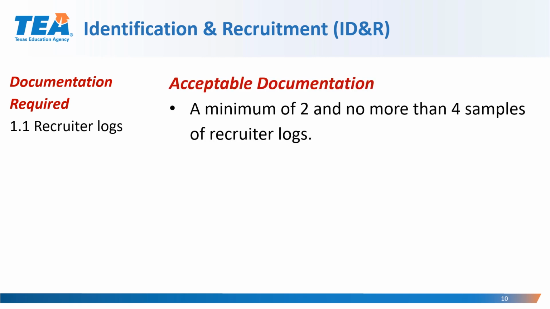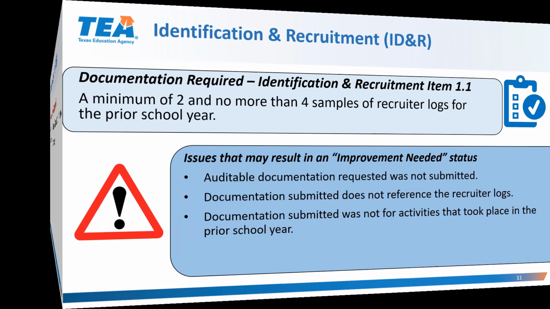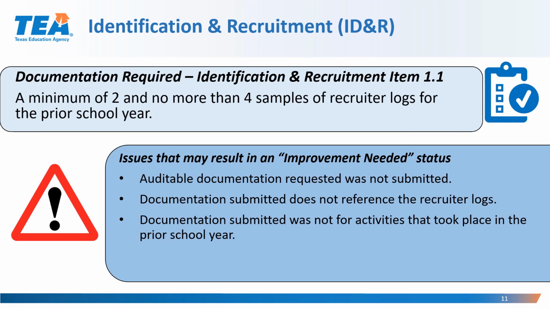The acceptable documentation for this requirement is a minimum of 2 and no more than 4 sample recruiter logs from the prior school year. This can include any form of recruiter logs used as a way to capture recruitment activities. Again, for 1.1, the documentation is a minimum of 2, but no more than 4 sample recruiter logs from the prior school year.